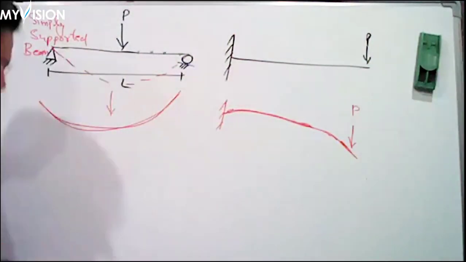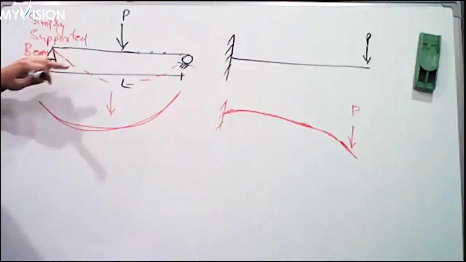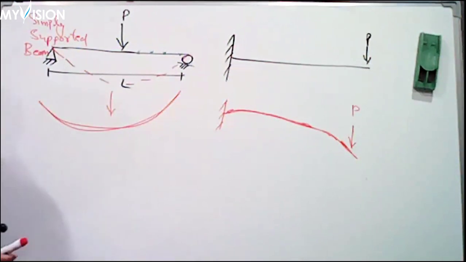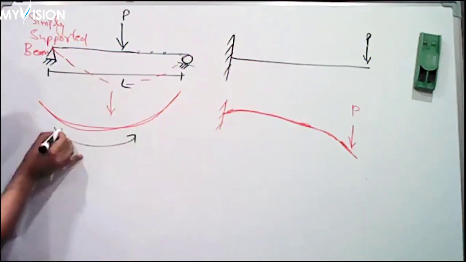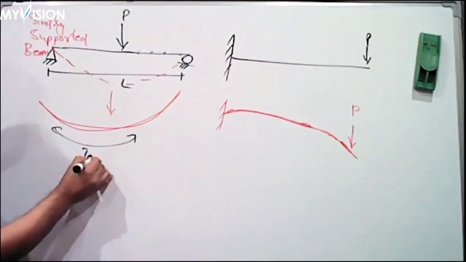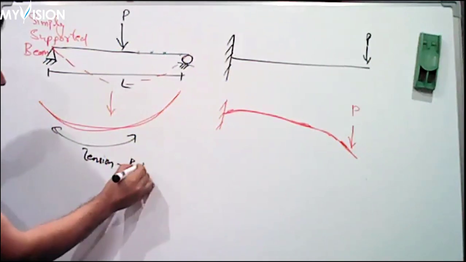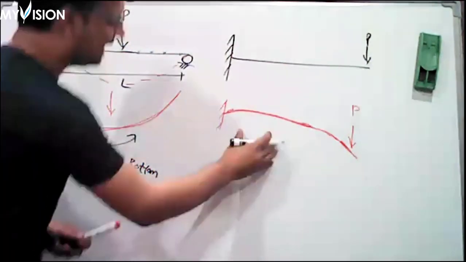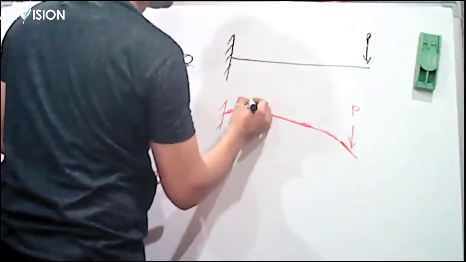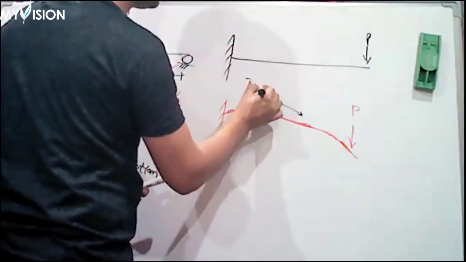So we can say that in a simply supported beam, tension is in the bottom; this part is creating tension. So we can say that tension is at the bottom. But over here, this part is creating tension.